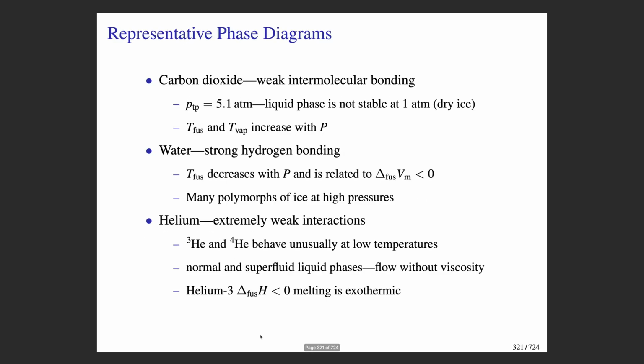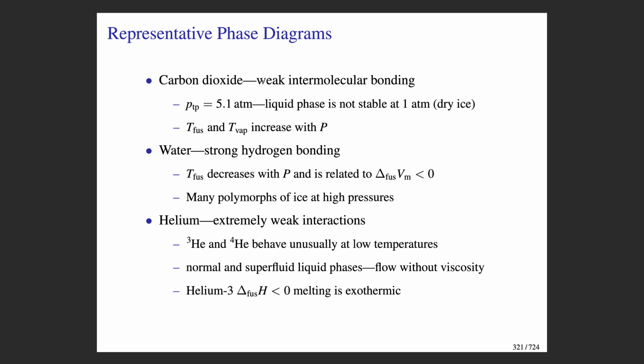Well, the last parts of this discussion are really just walking through 3 interesting phase diagrams. So we'll start with carbon dioxide, and then we'll look at water and helium. Just a few notes here on this slide, some peculiarities about these substances.